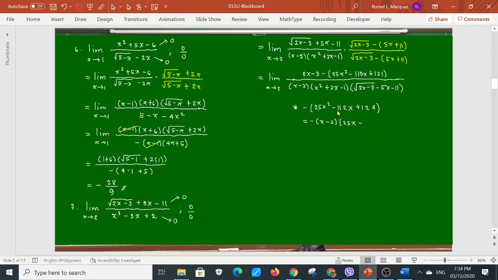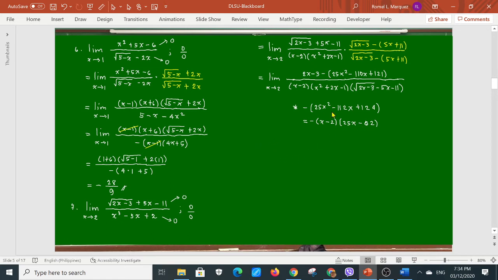Ang middle, ang outside positive. Minus to. Ano na lang ang natitira para maging 124? Negative 2 na ang factor. Negative 60. 124 divided by 2 is 62. Okay? Yan yung other factor niya.